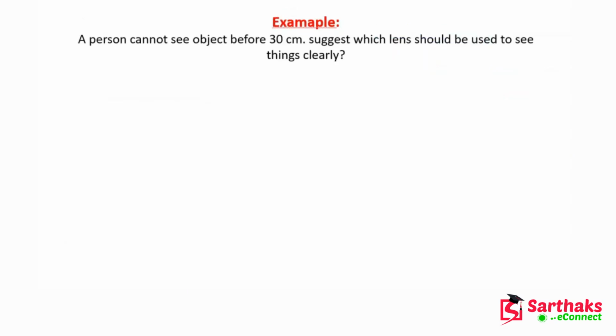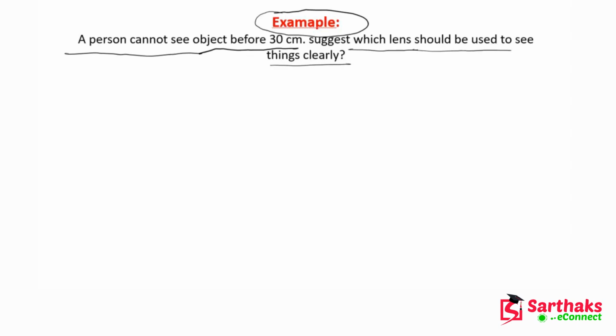Okay guys, so here we are. Here we will discuss an example which will clear your concept, and it will be very helpful for you in your examinations as well. A person cannot see objects before 30 centimeter; suggest which lens should be used to see things clearly.